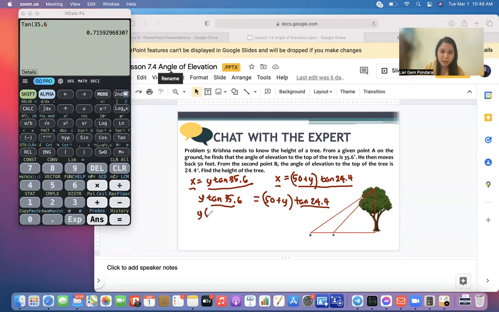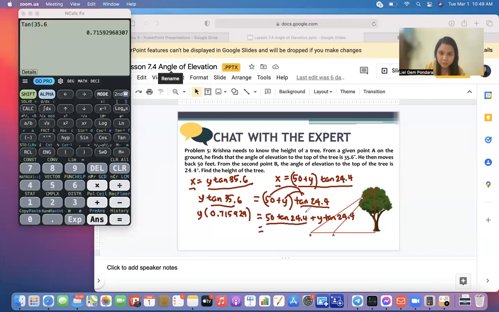So it's going to be y times 0.715929. You could copy as many as you want. Equals, here, we can distribute that 50 tangent 24.4 and the other one plus y tangent 24.4.